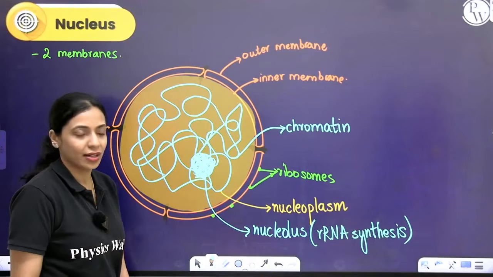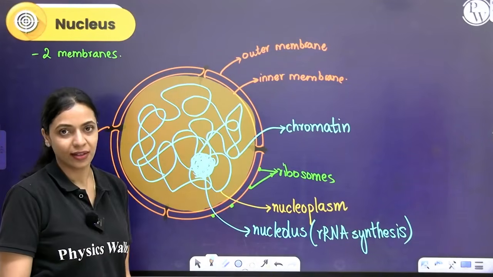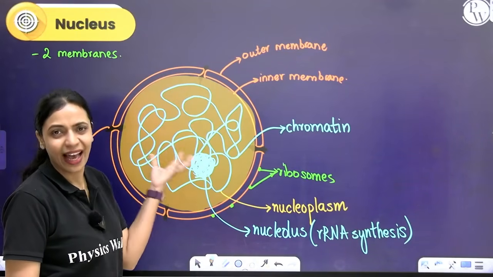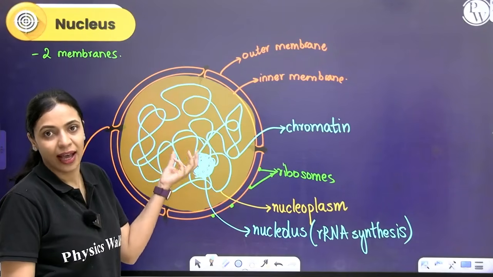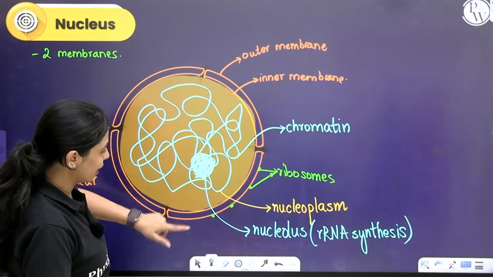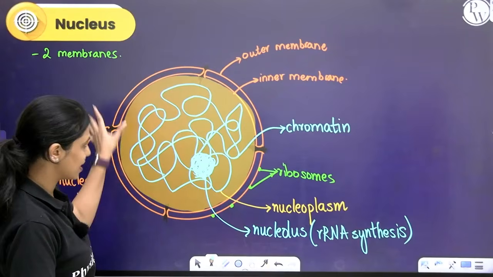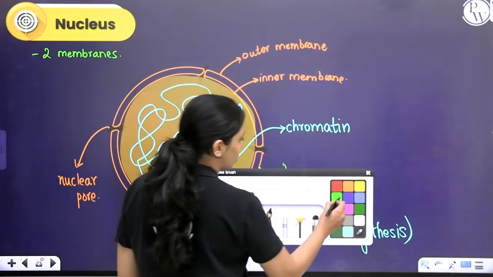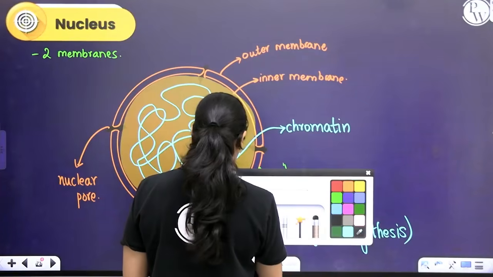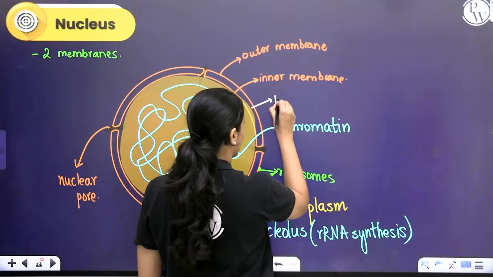That ribosomal RNA synthesis happens here. That's why it's very actively undergoing transcription. That's why it will take up a lot of stain and it will appear darker. So this is called the nucleolus. These are basically the different parts of the nucleus. In between the outer membrane and inner membrane, whatever space is there, that is called the perinuclear space.